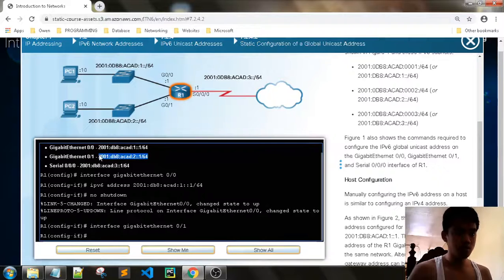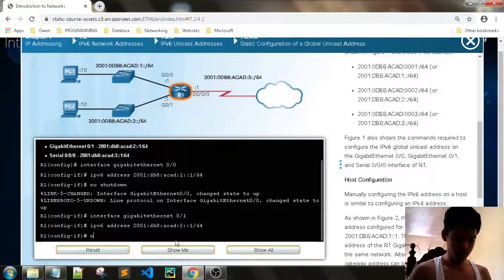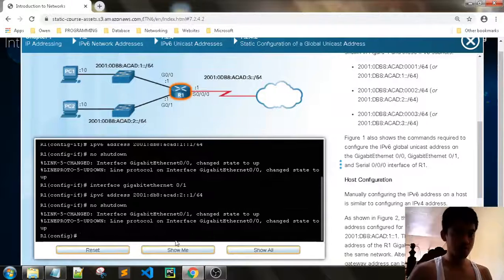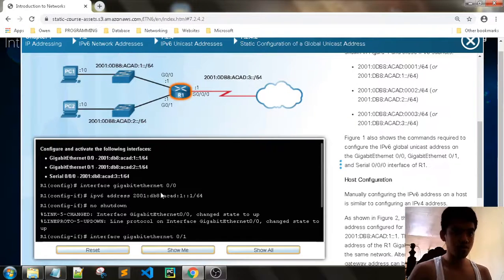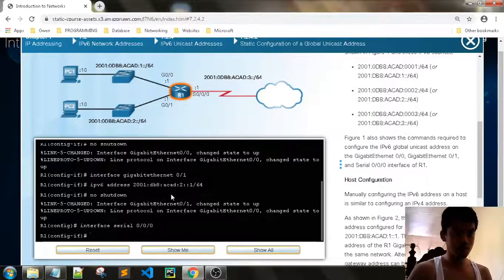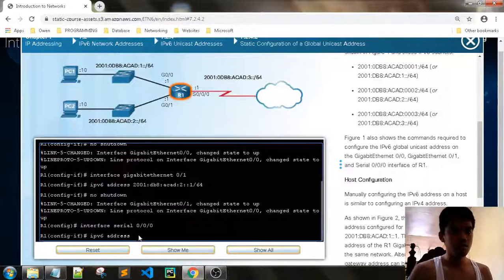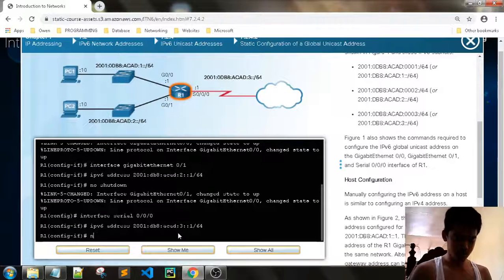Need to copy this IPv6 address. Then no shutdown. Then interface serial 0/0/0, IPv6 address. You have this one. So this is my shutdown.